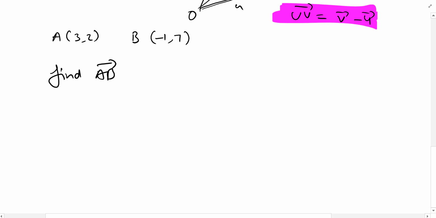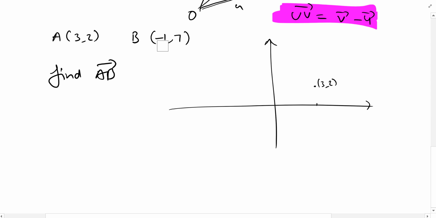Now you can draw that if you want on the reference plane, or simply imagine it. Let me do it roughly, because it's better than doing it without vectors. 3, 2 is approximately there, right? And -1, 7, let's say there.